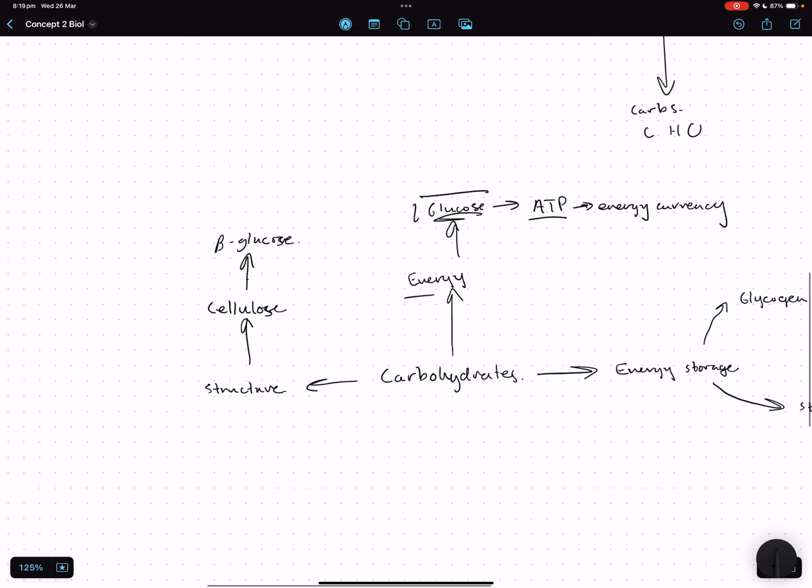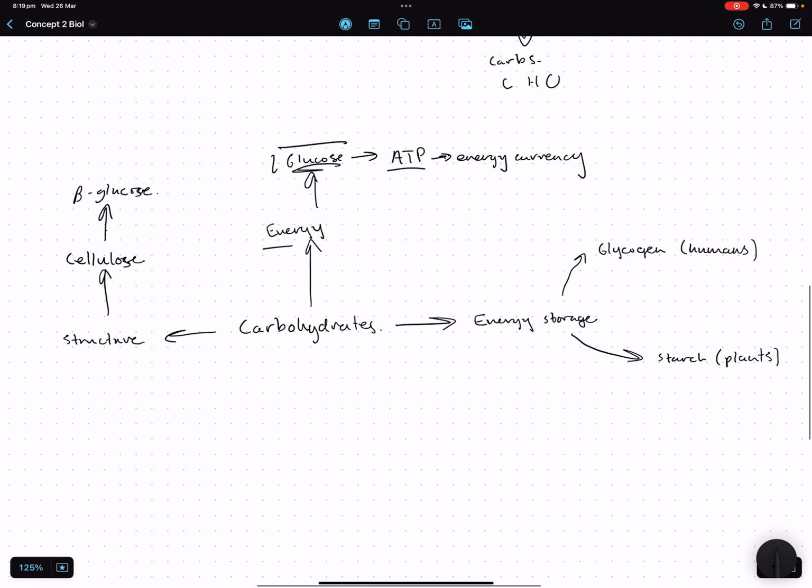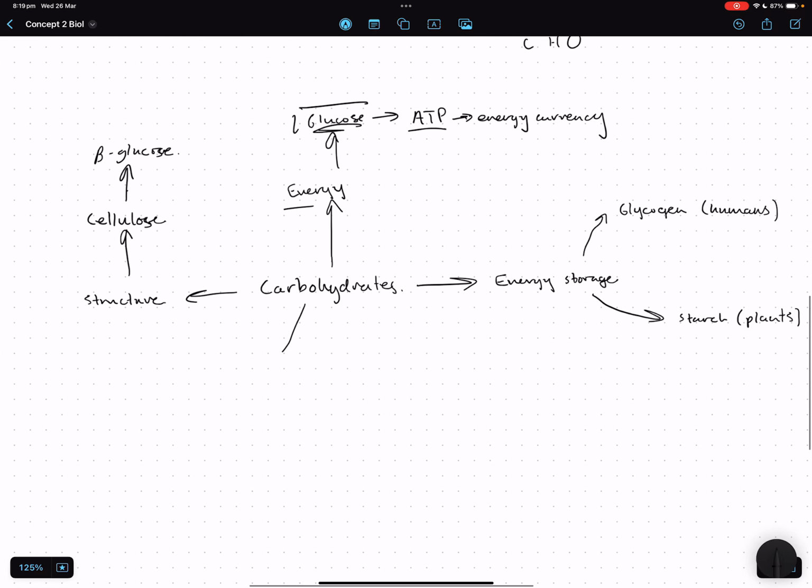Okay, so it fulfills a lot of functions. There's also a general formula, CH2O to the nth. For example, C6H12O6, that's glucose in some form. It can be alpha or beta glucose.